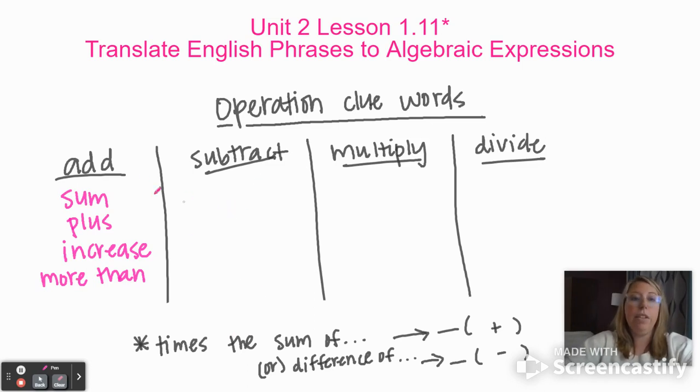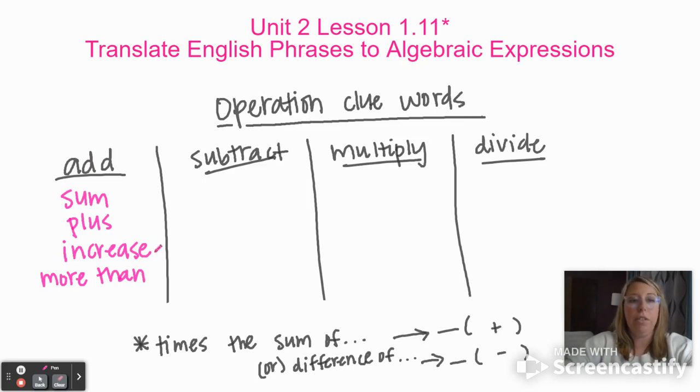All right, so first we've got four main words or phrases to look for that mean addition. The first one, of course, is the most obvious one, and that is sum. Sum is the answer to an addition problem. Then we know that a plus sign means to add, so plus. And then we have the word increase.